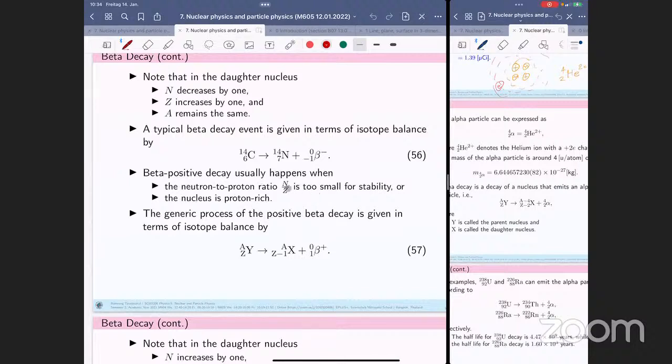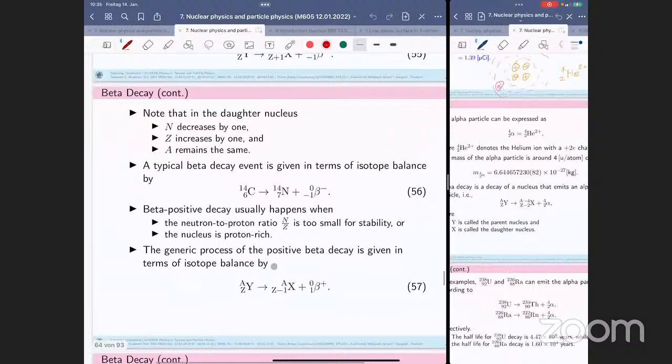Nature will try to convert the proton to a neutron. They don't ask for any additional neutron. They just convert the elements inside the nucleus to another type. That process is called positive beta decay, or beta plus, the same way.